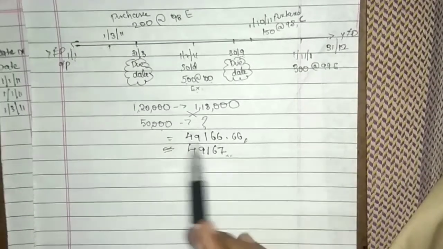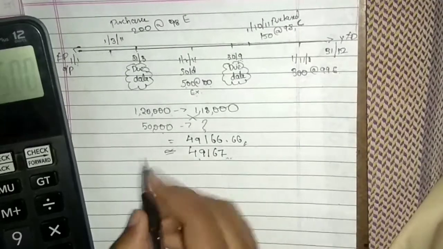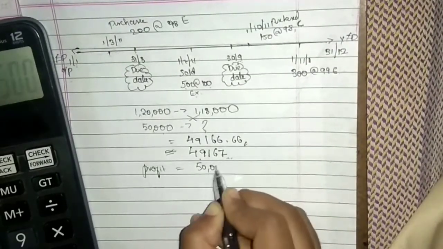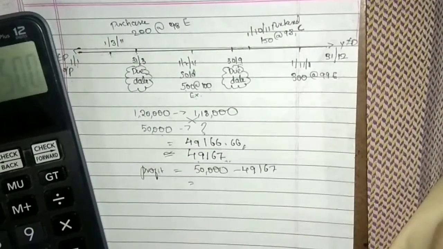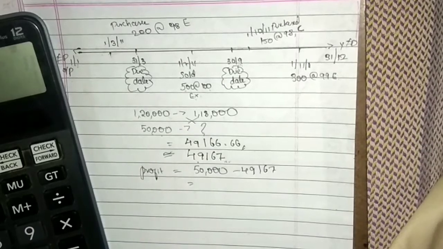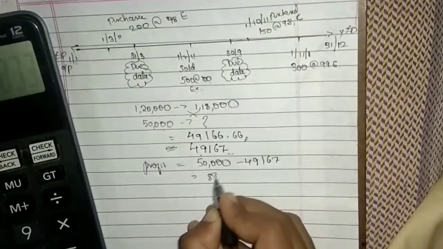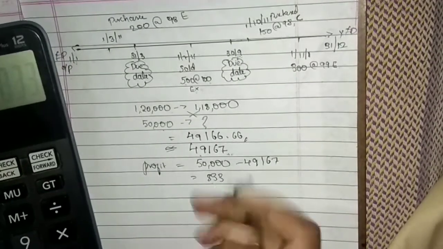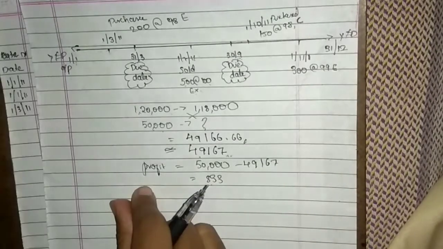You sold this for 50,000. You got the profit, yes or no? Now profit is equal to 50,000 minus 49,167, which is 833 rupees. So 833 rupees is the profit. Now I told you that profit should always be recorded on the debit side of the investment account.